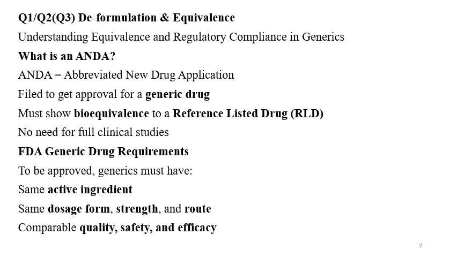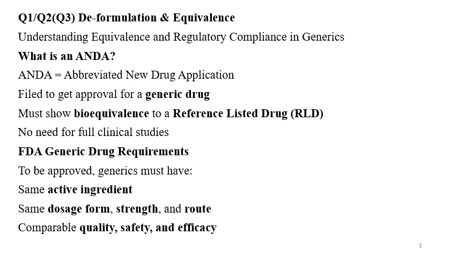Once the bioequivalence is established, it is considered that the generic formulation will behave similarly to the reference formulation. There is no need for full clinical studies. FDA generic drug requirements are there.